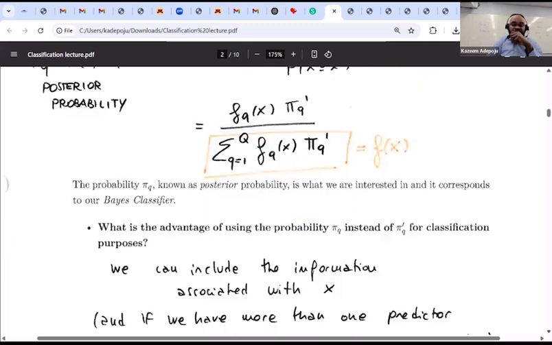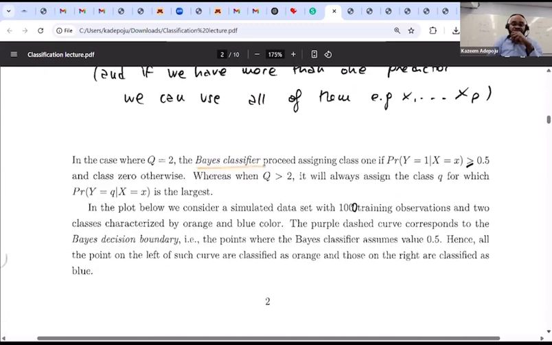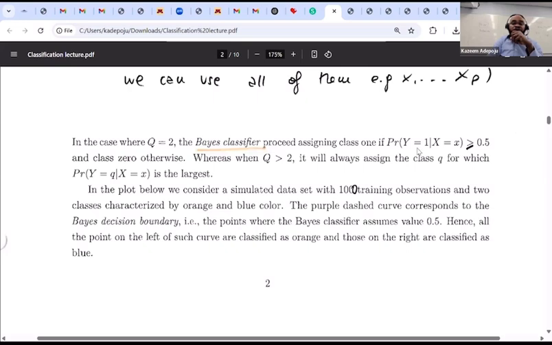So right here, for an observation to be classified into group 1, the posterior probability must be greater than or equal to 0.5. Definitely, opposite this, if it is less than 0.5, it should be in the other class. And that was why I said class 0 otherwise. Why do I say class 0 otherwise?